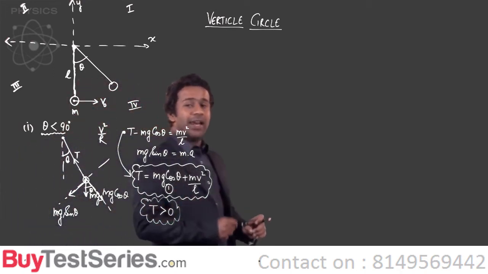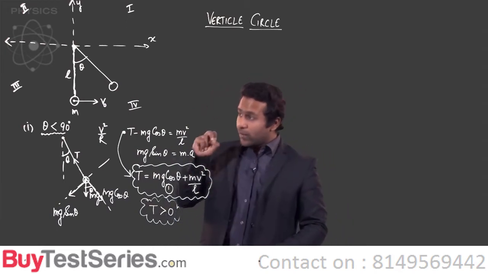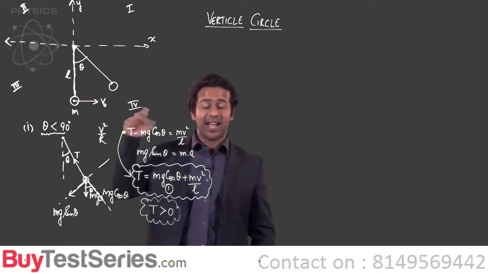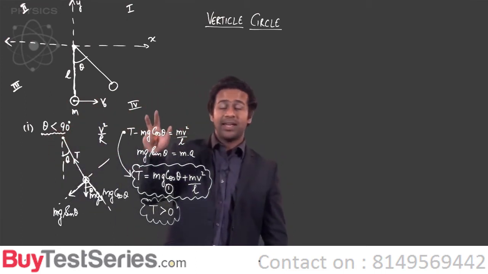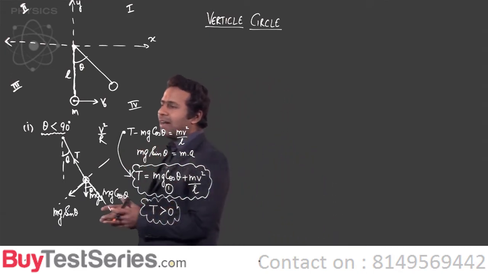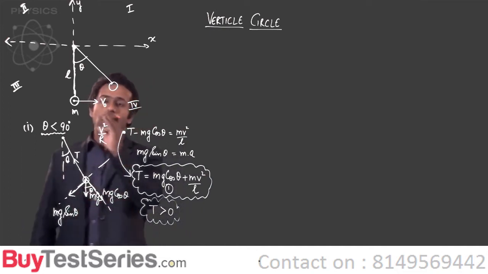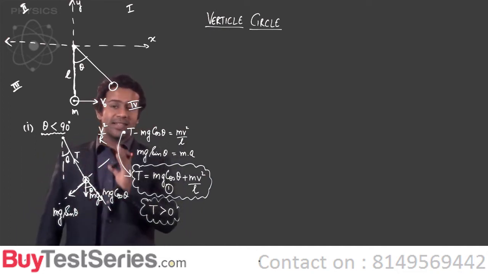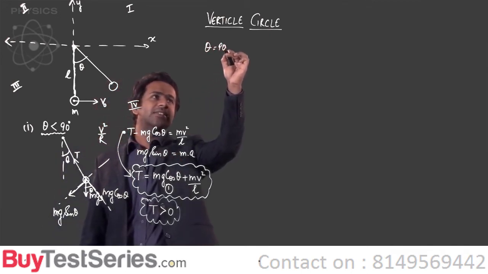First of all, let's find out the maximum value of speed with which we can throw this bob such that the angular displacement is still less than 90. To find that, we will look at a critical case where the velocity given, this v naught, is such that theta just manages to reach 90 degrees.